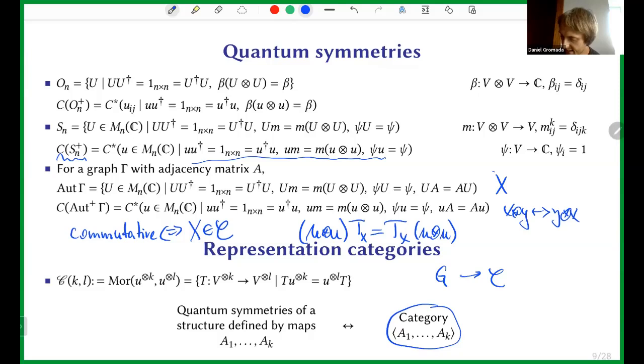So it doesn't work with abstract categories. You might really realize this category by linear operators, or if you want, you have to equip your abstract category with a concrete fiber functor, a concrete interpretation.